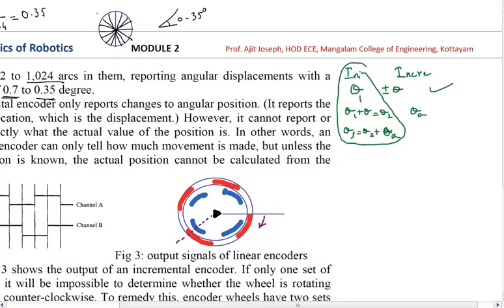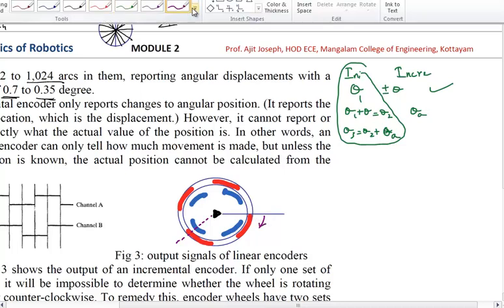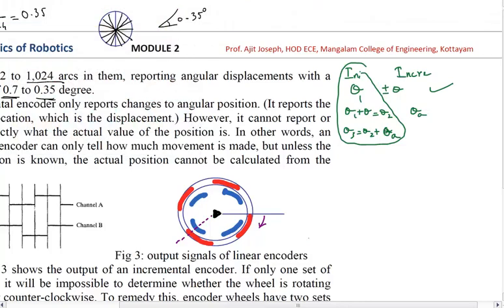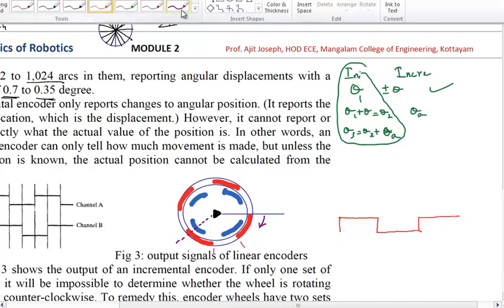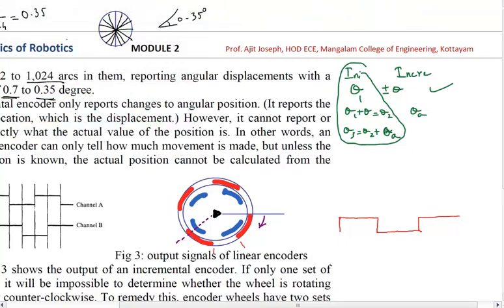For the red one, let me draw it using red itself. For the red one, I will have the pulse transmitting because it's transparent, and then from here to here it is going to be non-transmitting, so it is going to be a downward pulse, and then again it is going to be a transmitting pulse. So it looks something like this. Whereas the blue pulse is going to have a half degree variation.